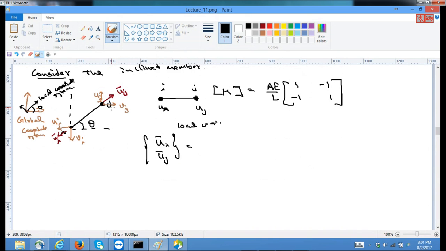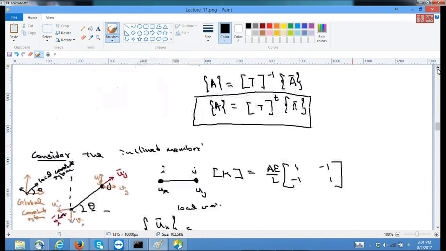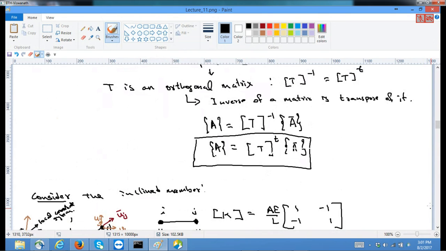So what I will do is I will try to use the transformation matrix to transform this local coordinate system into the global coordinate system. Using the transformation matrix, we can define from the above stuff which we have discussed. If you have these things in your bar system, you can get this one back using the transformation matrix, right?